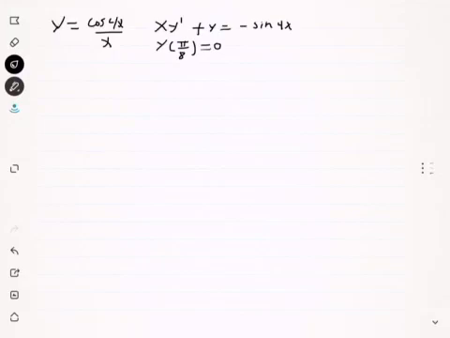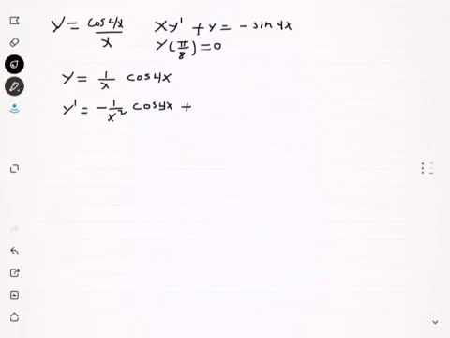Okay, so the first thing we're going to do is take y and rewrite it as 1 over x times cosine of 4x. Then we're going to find y prime using the product rule. When you take the derivative of 1 over x, we get minus 1 over x squared, and then we leave cosine of 4x alone.